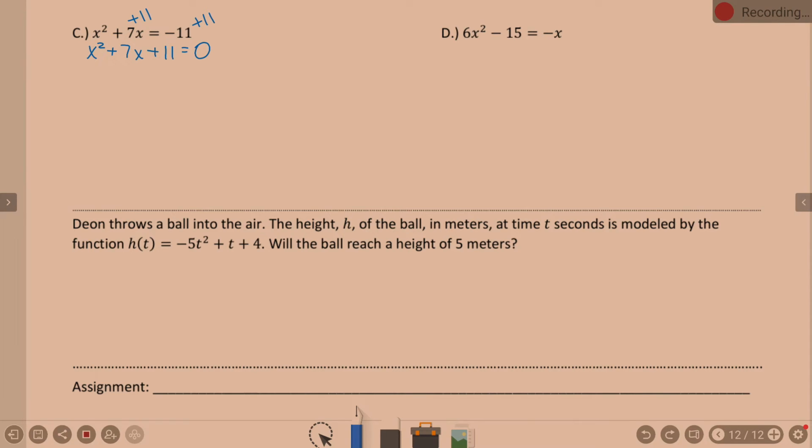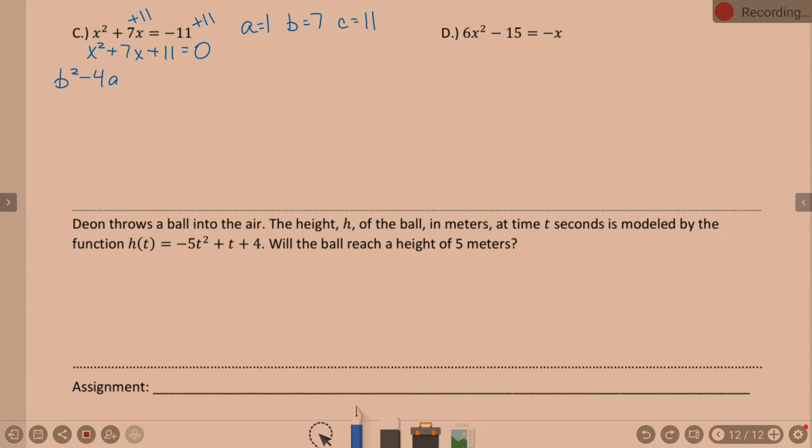I'm going to list my ABCs. You don't have to. I just wrote that A is 1, B is 7, and C is 11, correct? Okay.